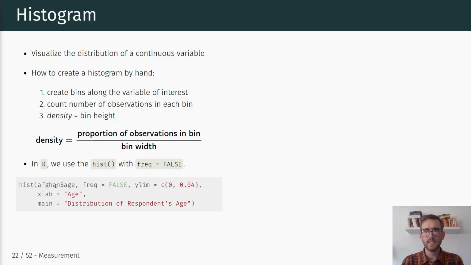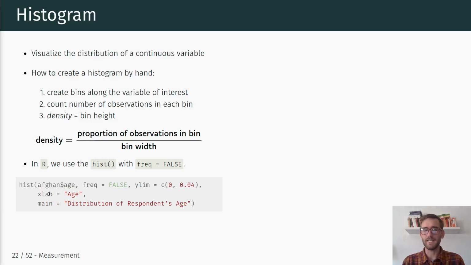For example, here we're looking at the distribution of age in our Afghan survey. We include the option frequency equals false, so that we look at the density rather than the total frequency. We specify the limits of our y-axis.